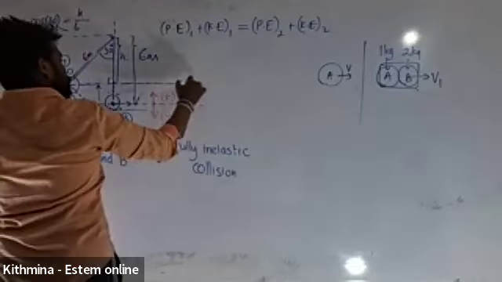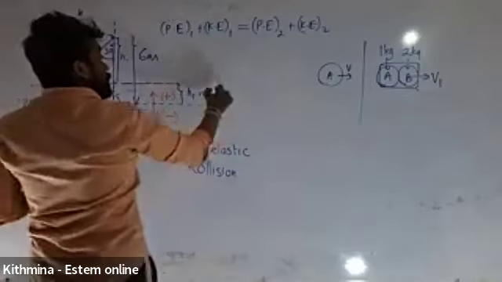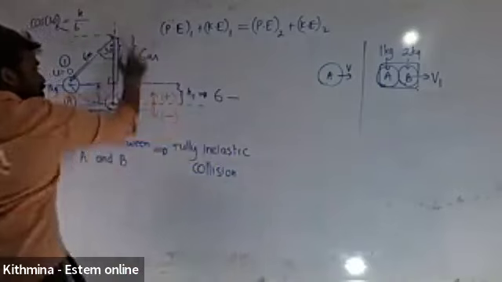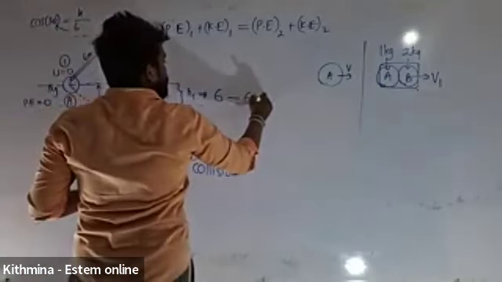Then the h1, the distance that we need, is 6 minus h, which means 6 minus 6 cos 30.